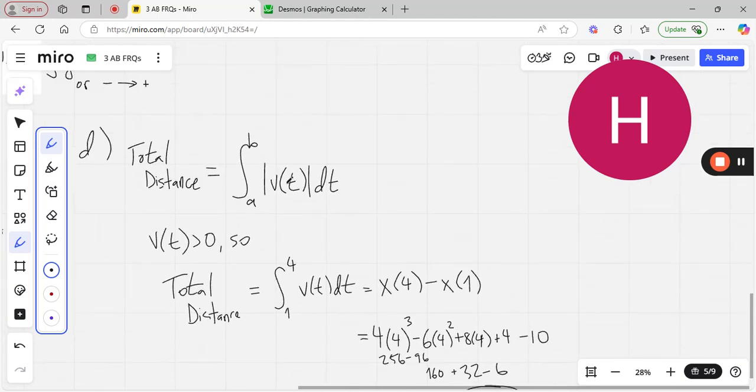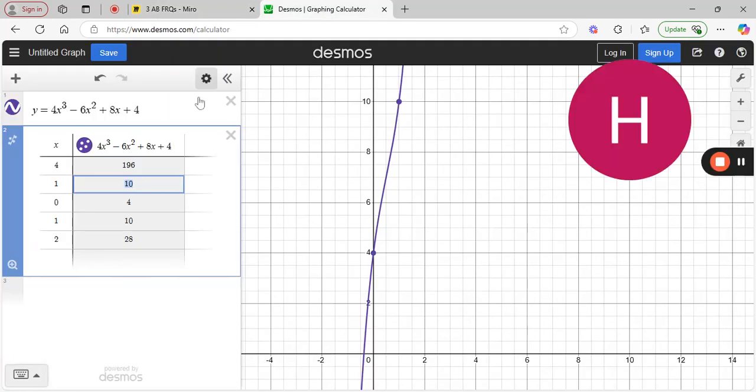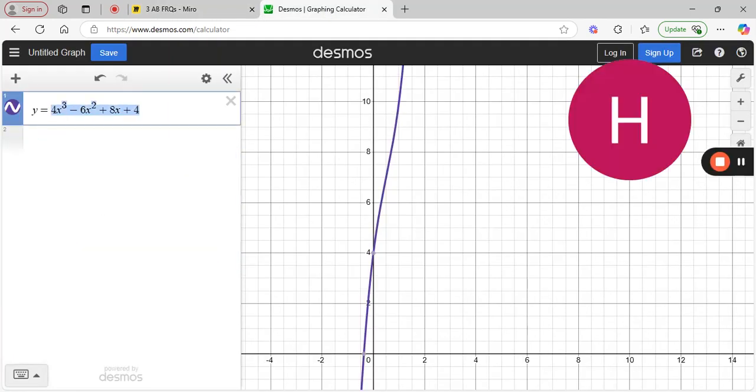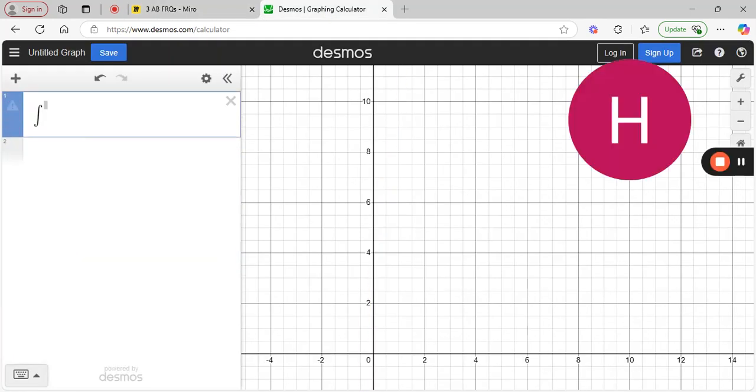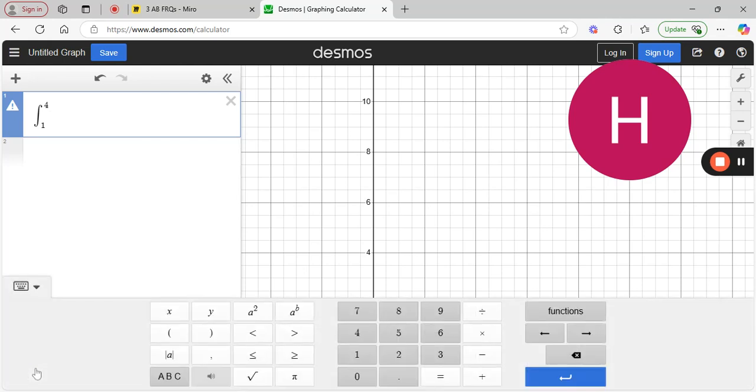So in general, we have to take the absolute value, and I would have just done this. Might as well show you here. I would have just done the integral from 1 to 4, and then I would have used the absolute value function of whatever the v of t was.